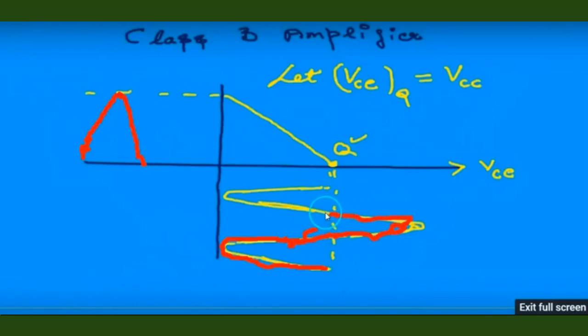Again, as it goes more negative, the collector current will start increasing, and when it increases, the collector current will come down.